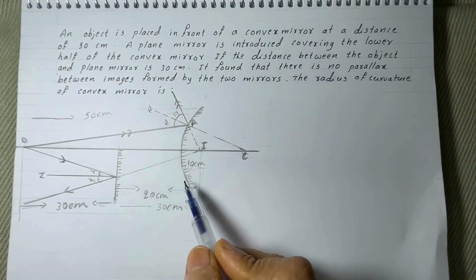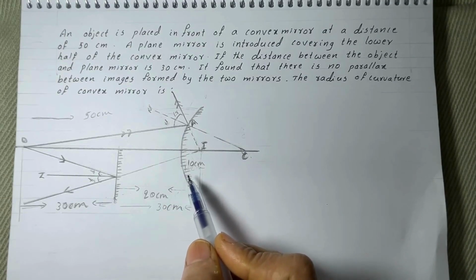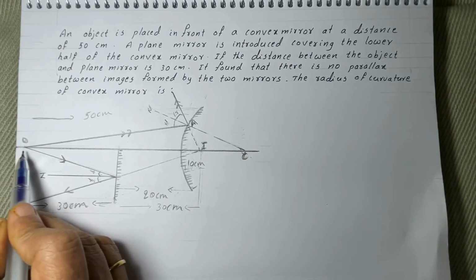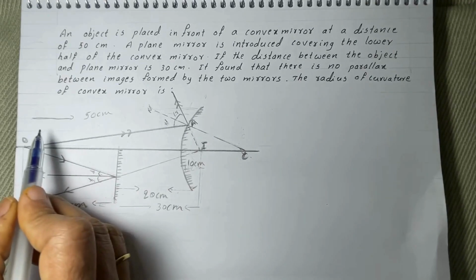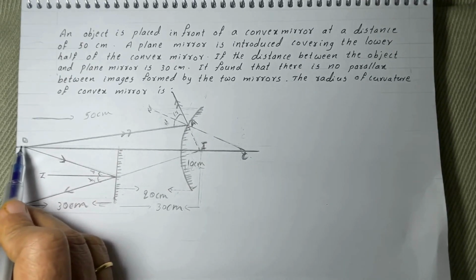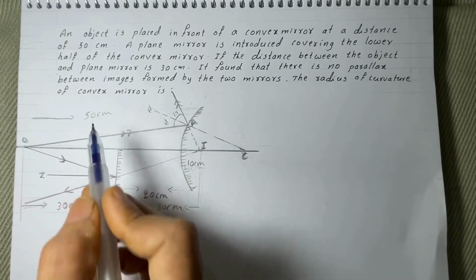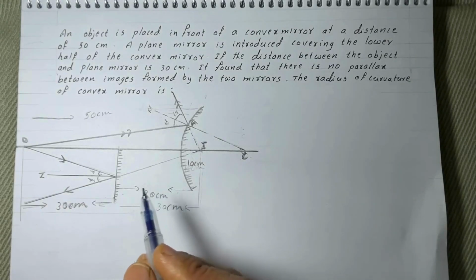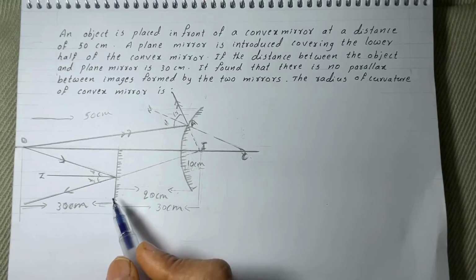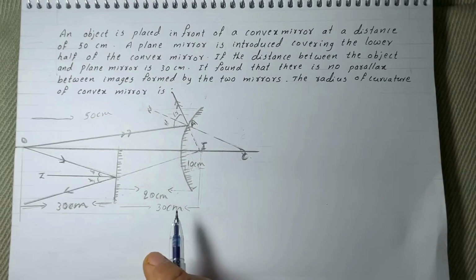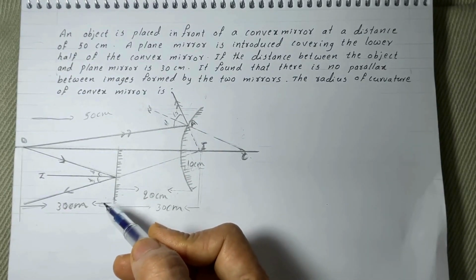Here this is the convex mirror, and from the given data, the object is in front of the convex mirror at 50 centimeters distance. So the distance between object and convex mirror is 50 centimeters. And one plane mirror is introduced between the object and the convex mirror at the lower half of the mirror.